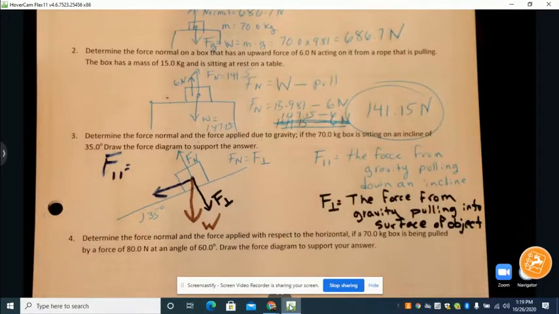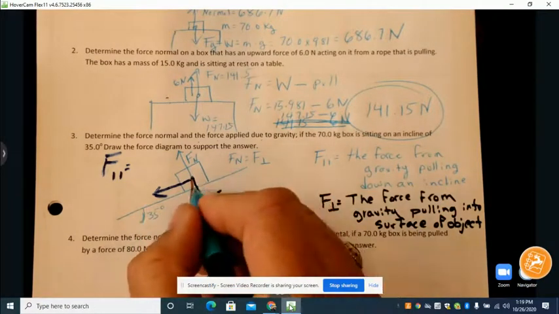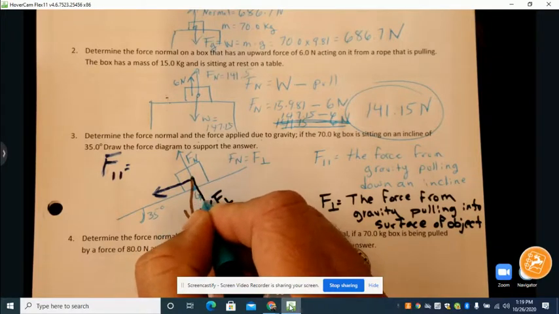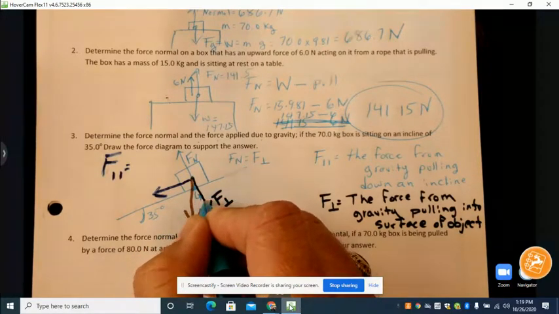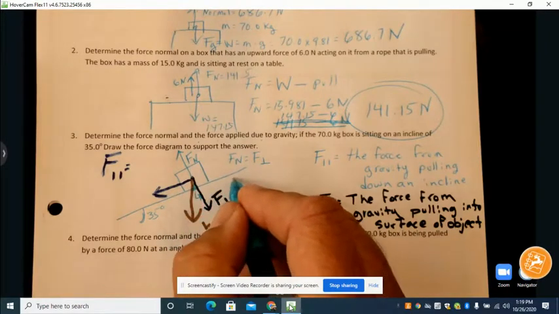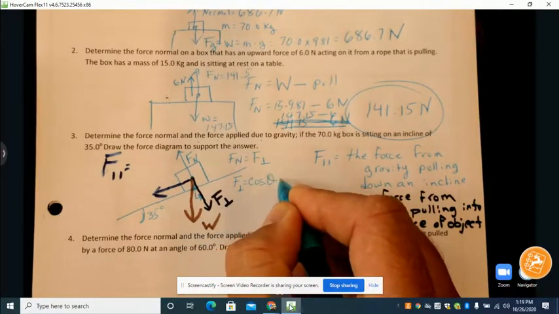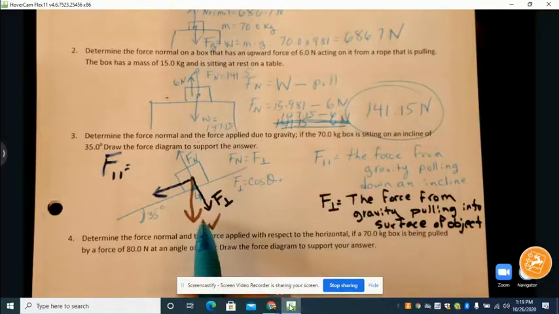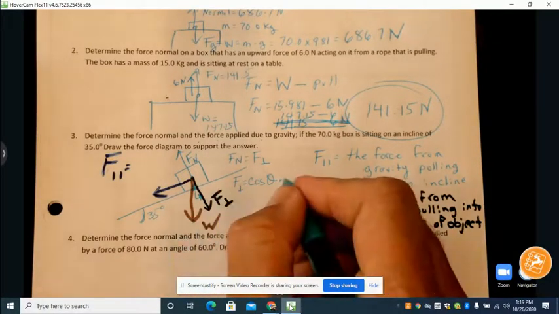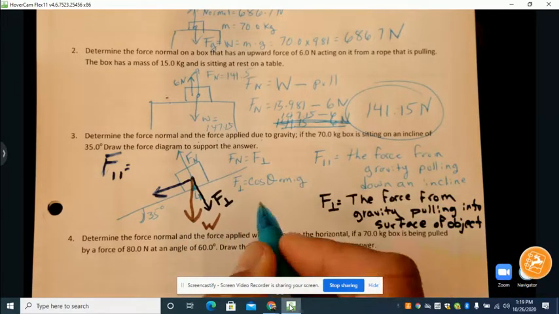Okay? How would we get this? Well, if we know this angle, then we know this angle. What leg is this? Adjacent or opposite? That's adjacent to this, so the trig function cosine. So force perpendicular is the cosine of the angle times the hypotenuse. The hypotenuse is what? The weight, or mass times gravity. So we will finish this.